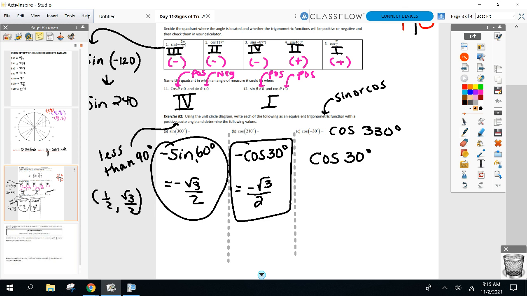Now I just got to figure out, what is it equal to? You guys got 30 in your mind, the coordinate at 30? Do you need the x or the y here? The x coordinate, which would be radical 3 over 2. Keeping it positive, right? I didn't turn that into negative. We okay?